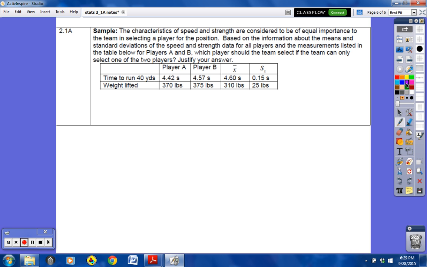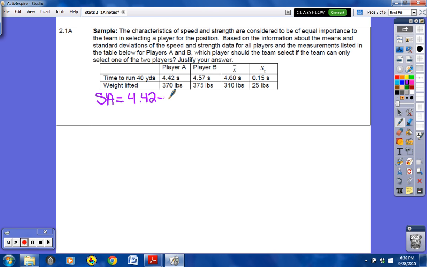So it's down to player A or B, and we're going to figure out how they compare with strength and speed. So we're going to do speed first, and we're going to look for speed for player A. Player A has a speed of 4.42.